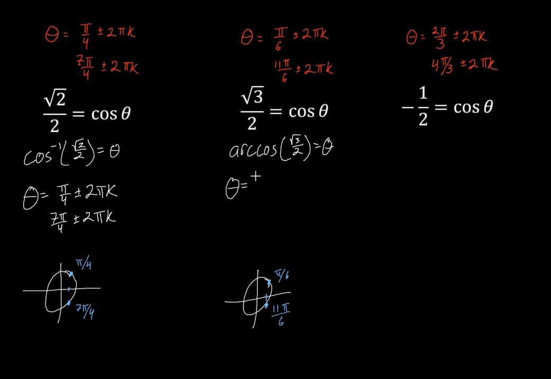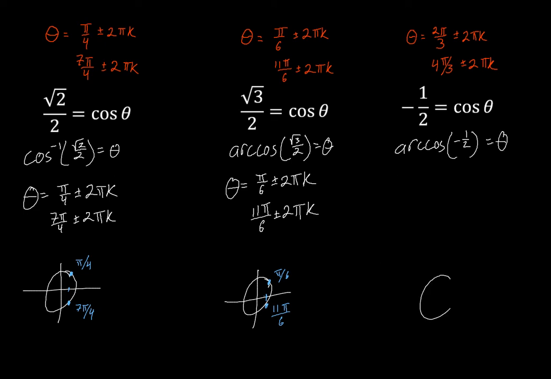So I'm going to take those values, pi over 6 and 11 pi over 6, and add and subtract my period as many times as I want. We'll go ahead and stick with the arc cosine to get that theta by itself.